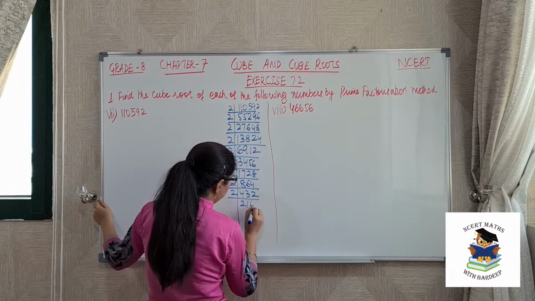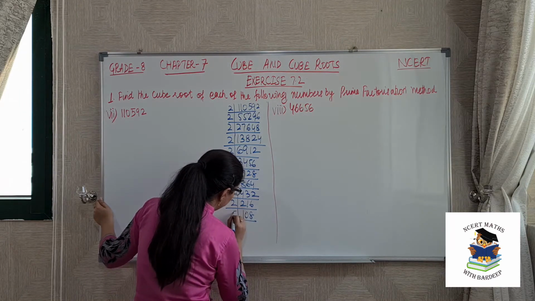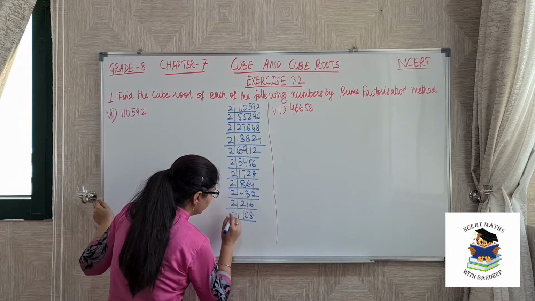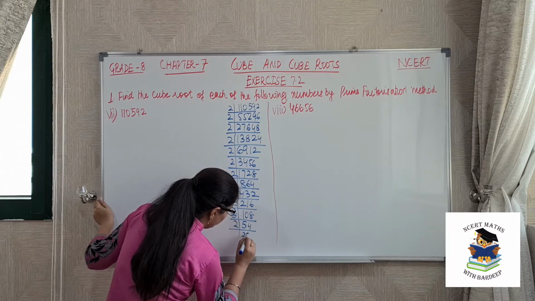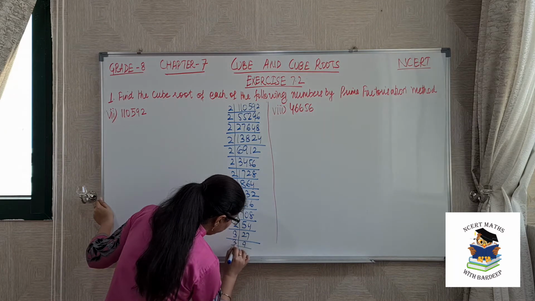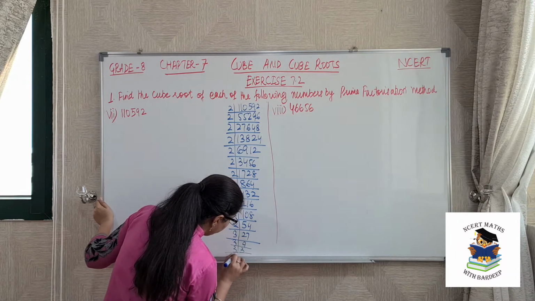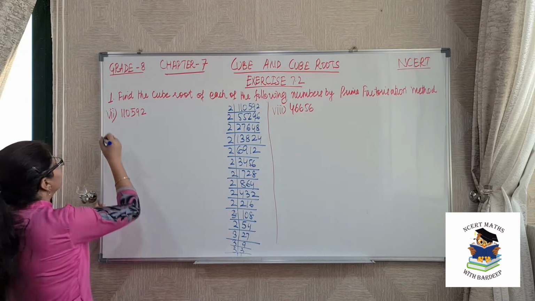Then 216, 108, 54, 27, so 9, 3 and 1. Okay.